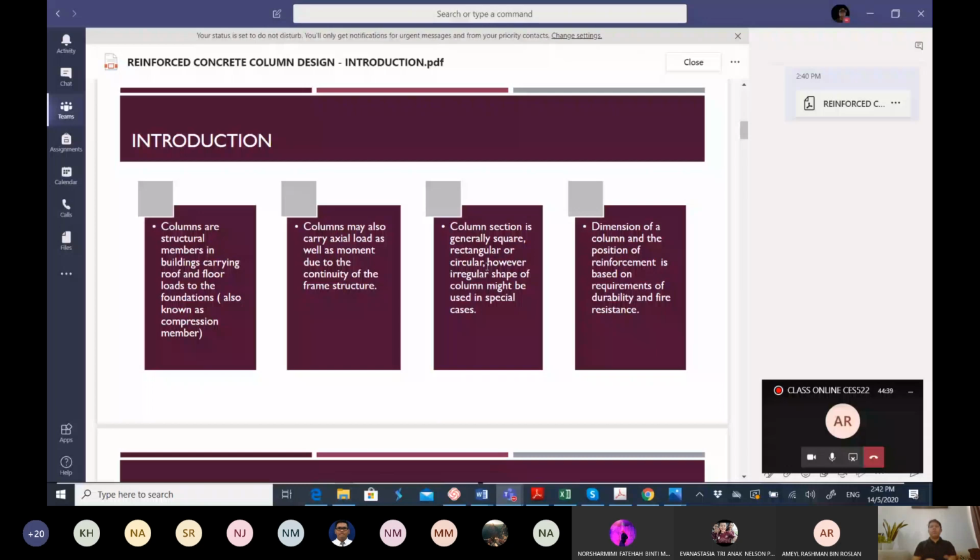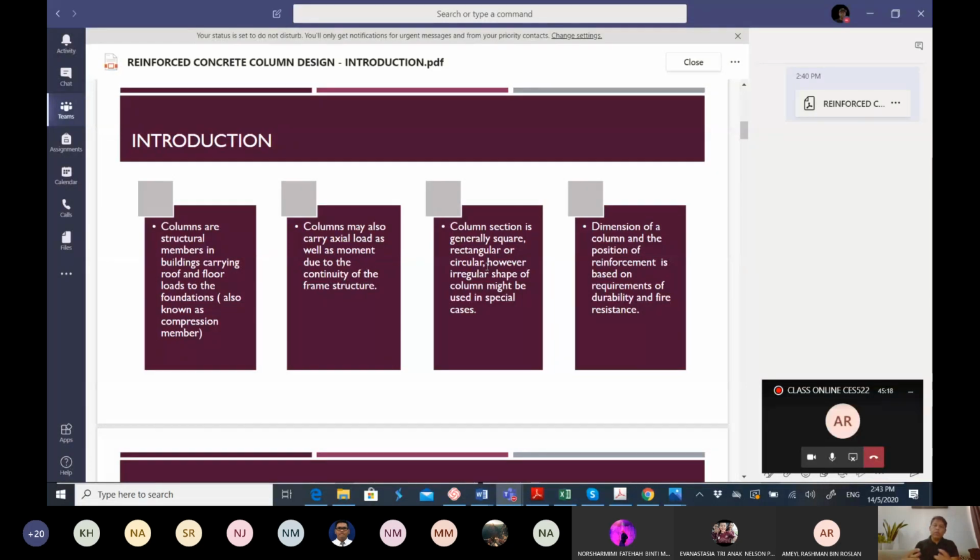Normally for a building, we will have a square or rectangular column. As for your information, your column size normally will follow the beam size, especially its B, its width, so that the architectural features will not have any part sticking out from that beam.